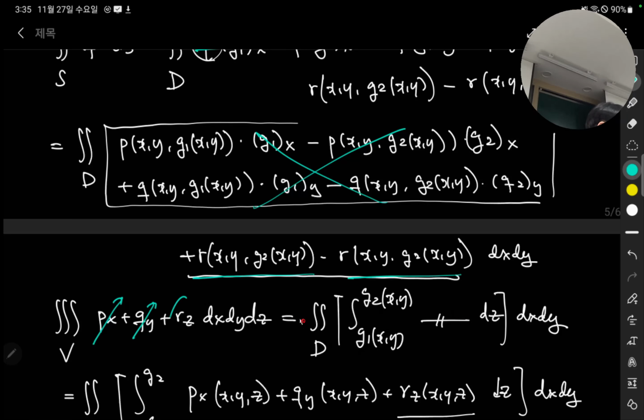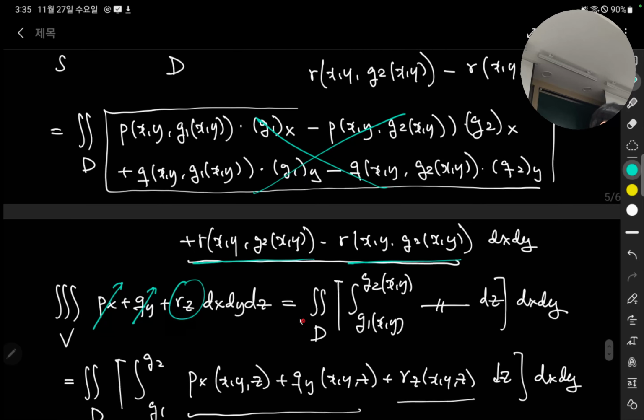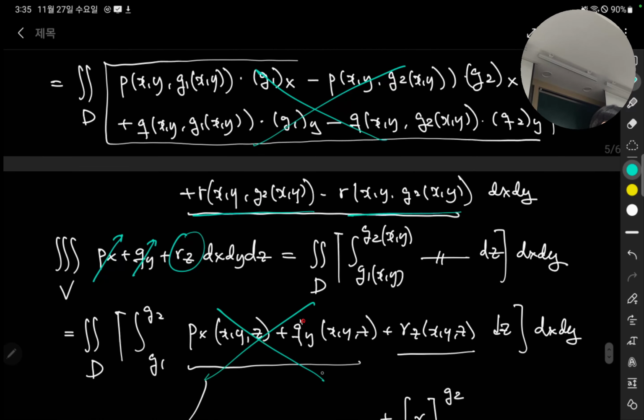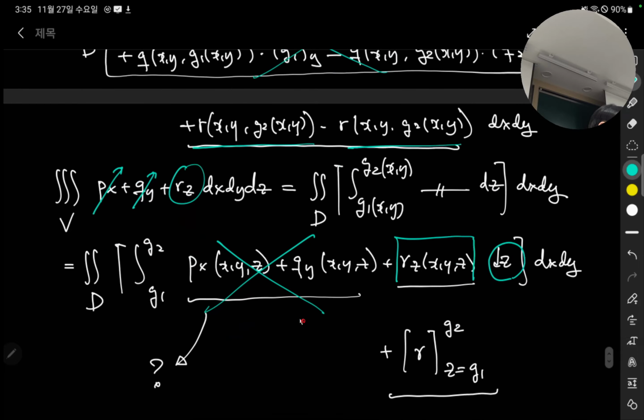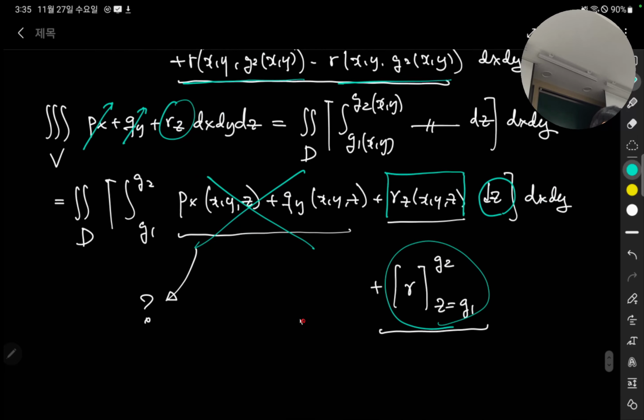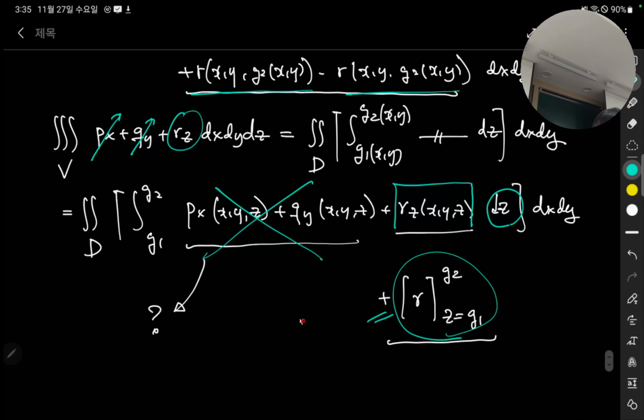We only have RZ. So what we are integrating is simply RZ over DZ. So what is this? This is equal to plugging in the Z component as the G2 value: G2(x,y) minus G1(x,y).